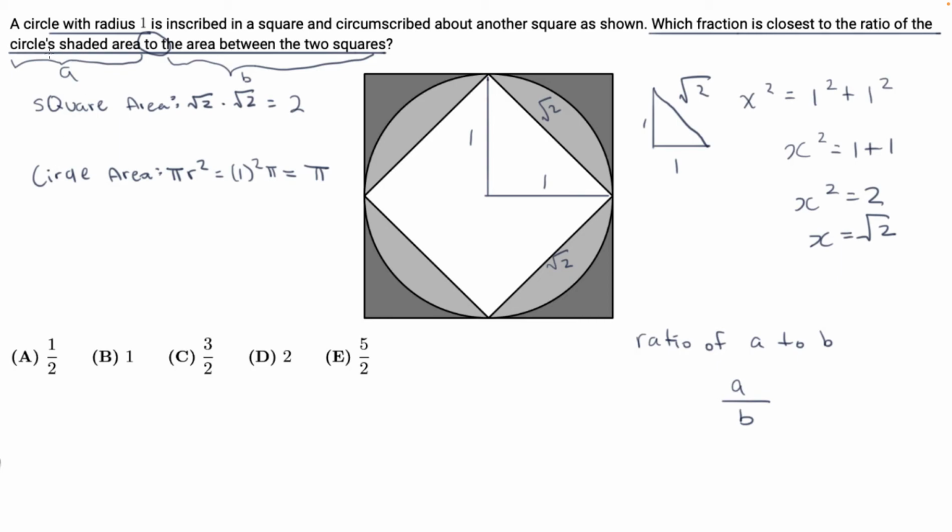For the circle shaded area, we take the area of the circle and subtract the area of the square, and that's this part.